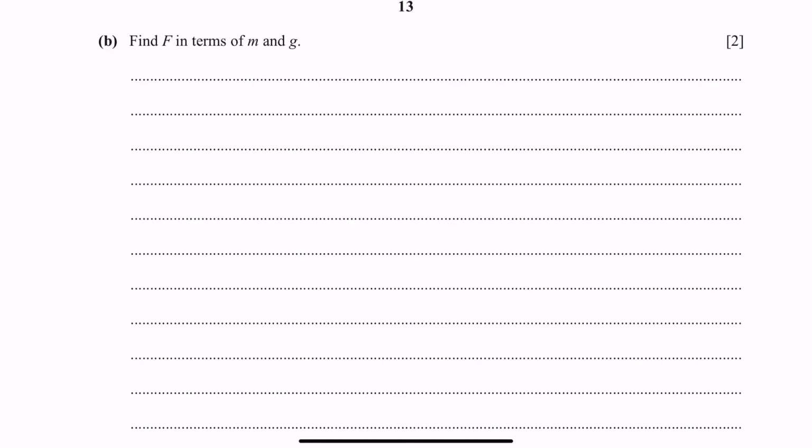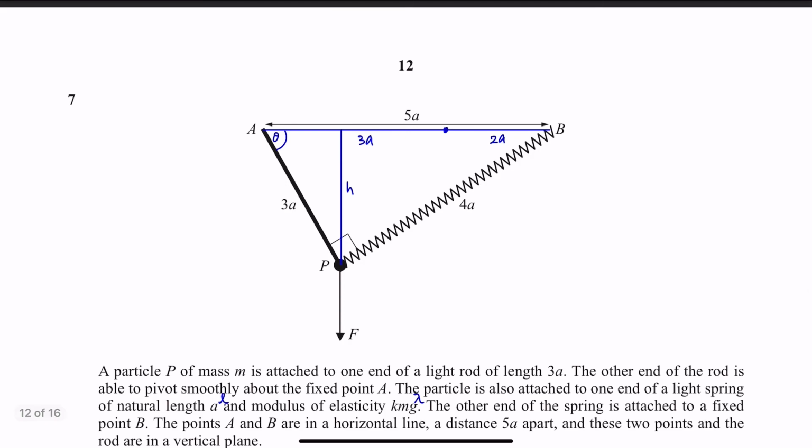For part B, we need to find F in terms of mg. So we can draw all the forces out. We have two tension forces. We call this T1 and T2. And we have F. And also don't forget about our weight.